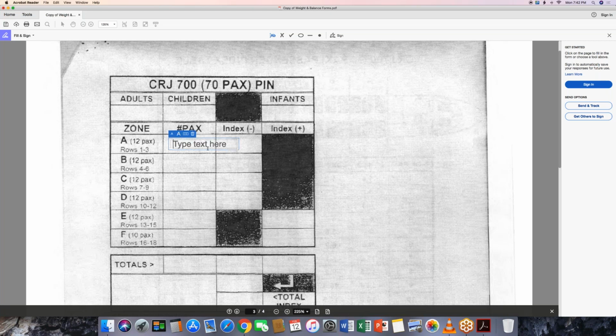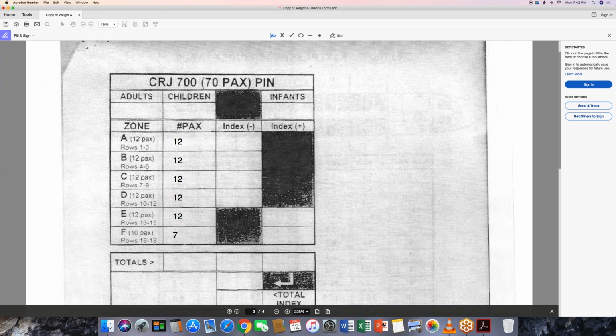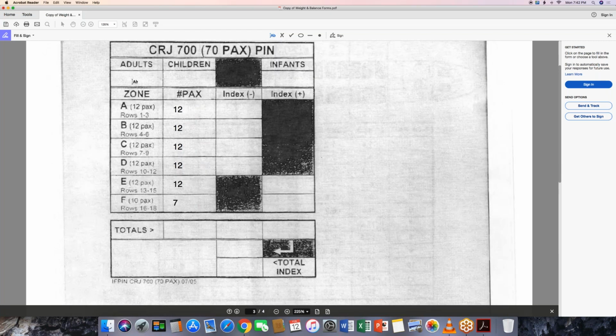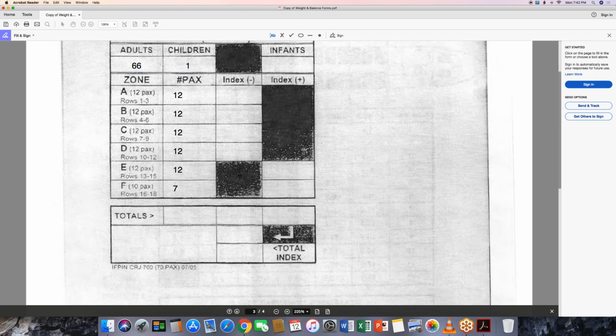So we put in our 12,957, right? Okay, now how do we get the index for those passengers? You would look on the passenger index table. Okay.